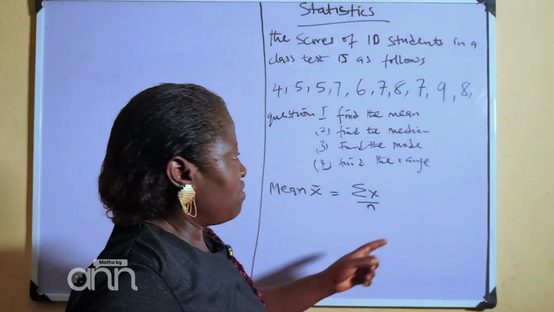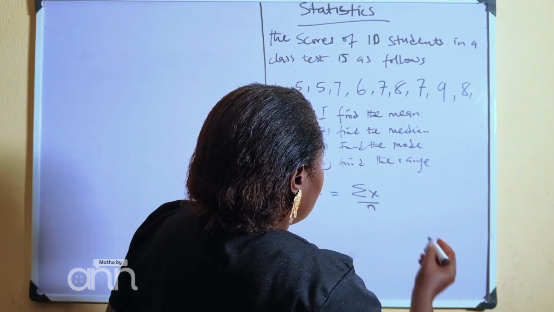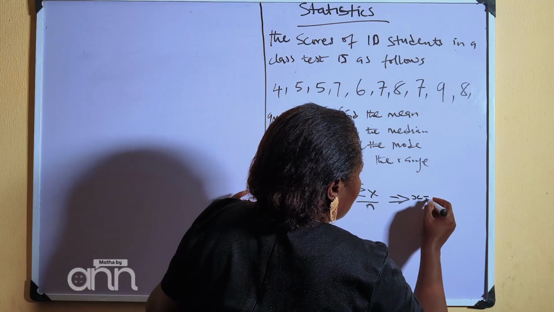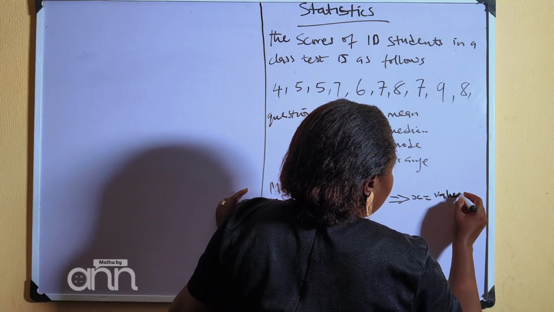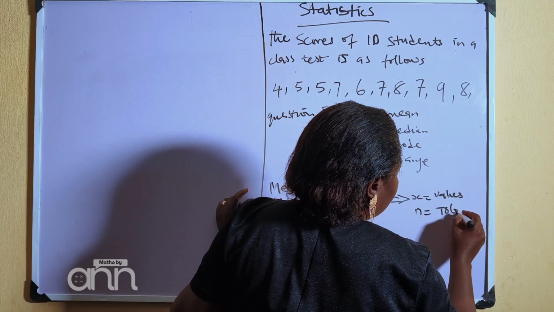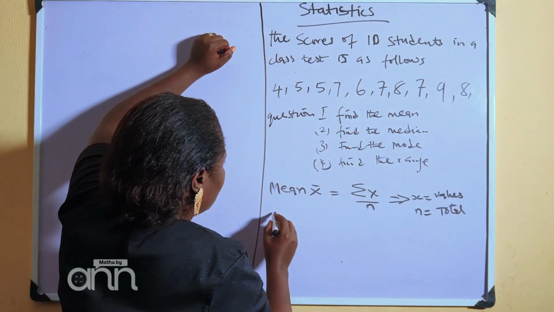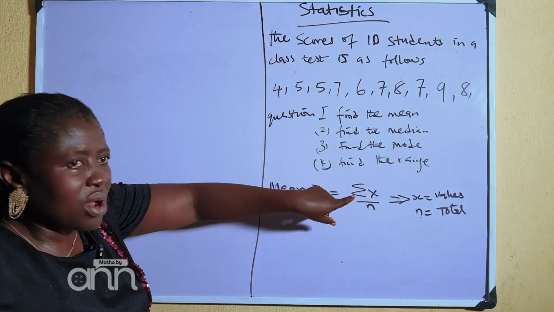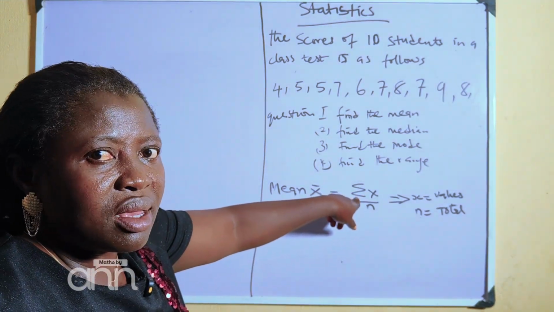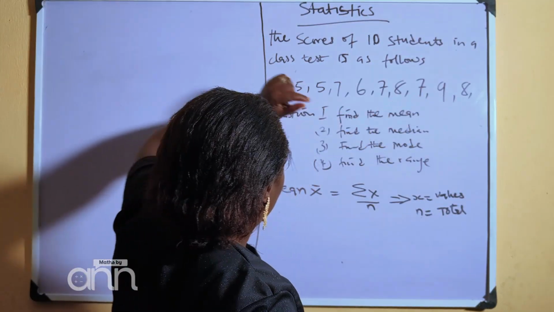X represents the individual values, whereas n equals the total number of values. Summation, or sigma, means addition. So you add these values together.